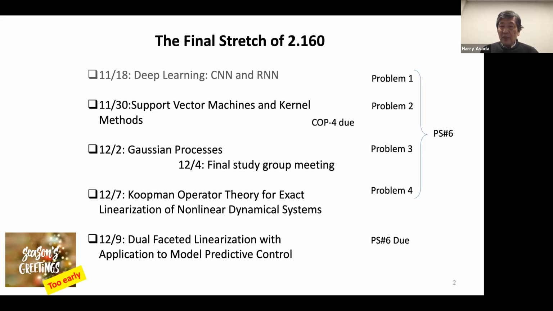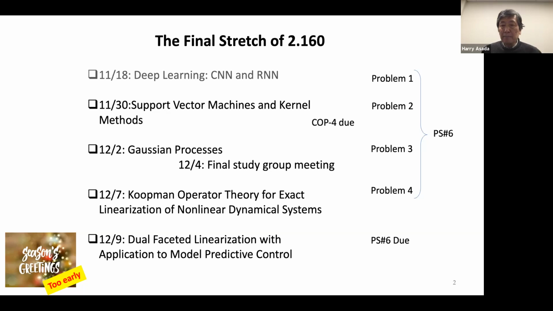As I said, PS number 6 is just released and has 4 programs, each covering one lecture. Program 2 today is for support vector machines, the kernel method. Program 3 is Gaussian processes, and program 4 is Koopman operators.